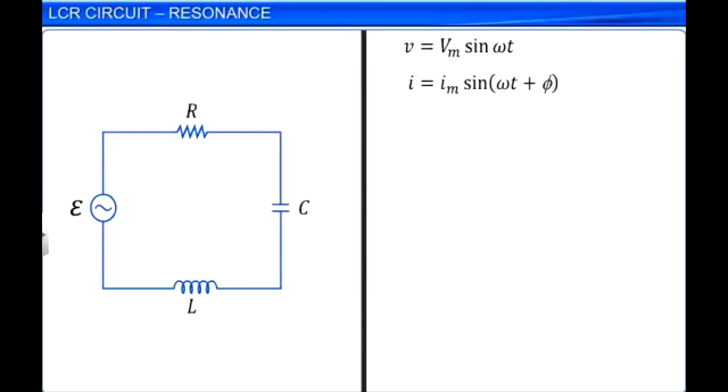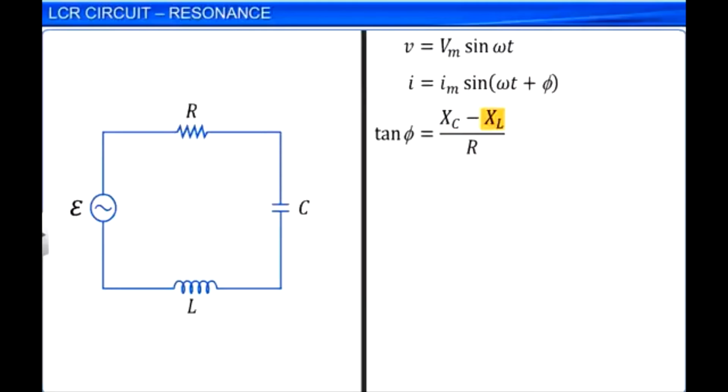The phase difference phi can be calculated by the expression tan phi equal to (Xc minus XL) by R, where Xc is the capacitive reactance, XL is the inductive reactance, and R is the resistance.